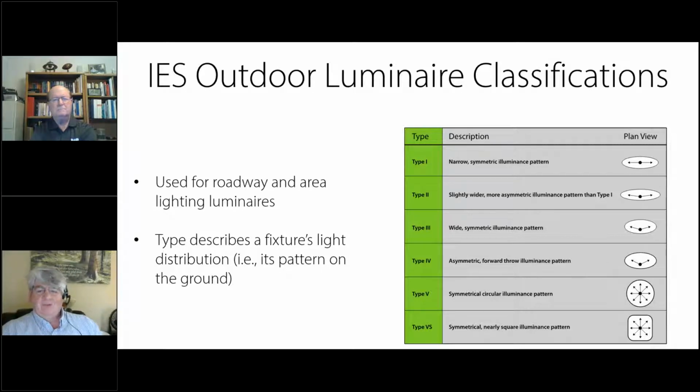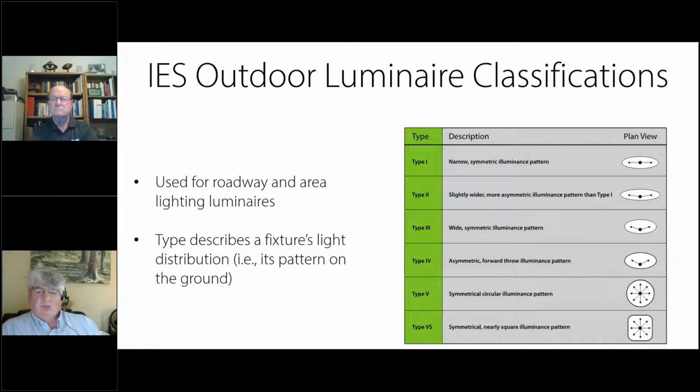This is not a distribution type that RAB offers, and it's used primarily in roadway lighting applications. The second one, type 2, is similar, but there's a little bit more forward throw to it. It pushes the light out a little bit more to one side in front of the fixture, and it still has a very long spacing between fixtures.